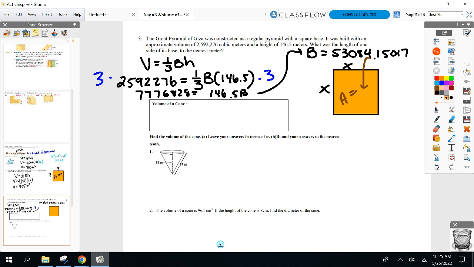Right now, how can I find the area if I know both sides are x? What would I do? Okay, so x squared equals this area here. How do you find a side now? Now you take the square root of both sides. So I'm going to take the square root of my area to find a side.